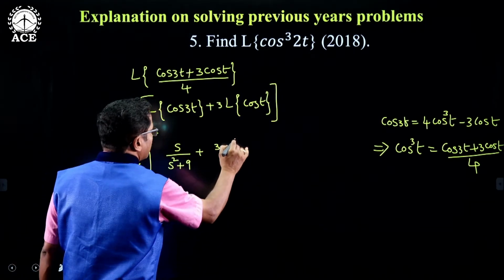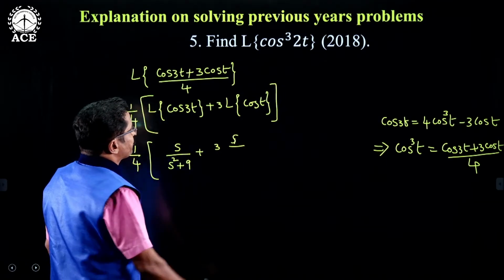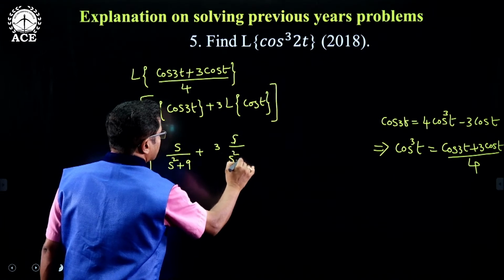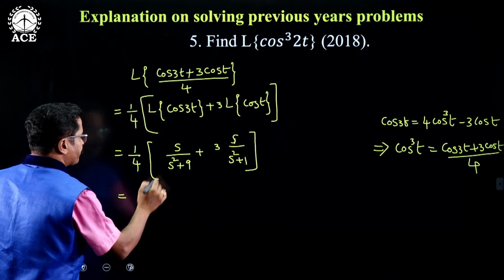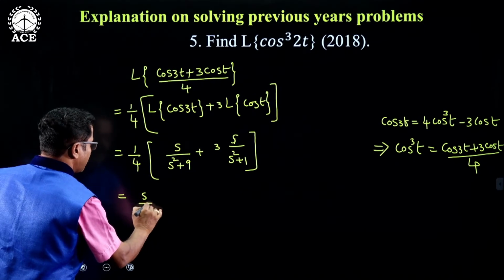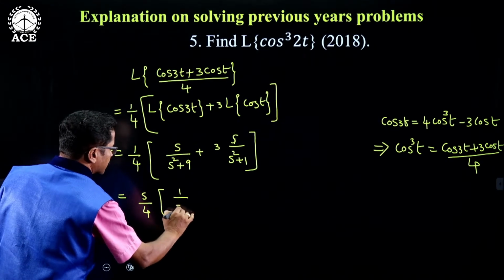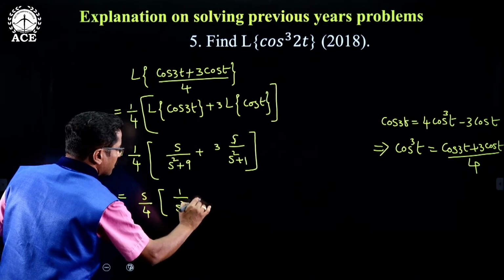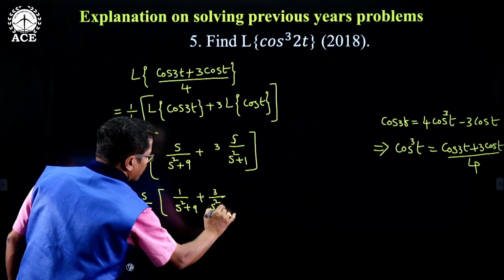So s by s square plus 1. Okay, so then if I bring s common, what will be 1 by s square plus 9 plus 3 by s square plus 1.